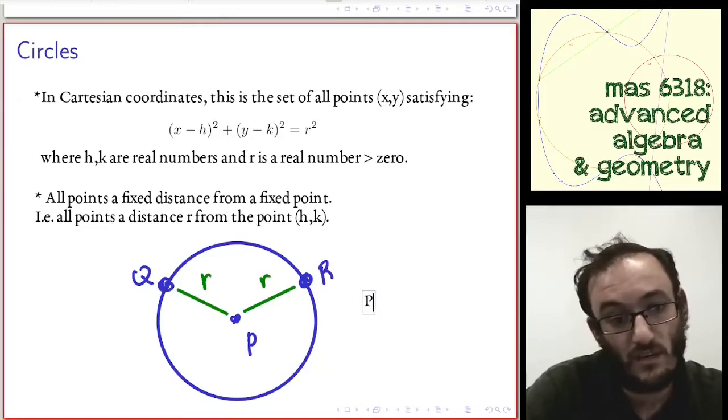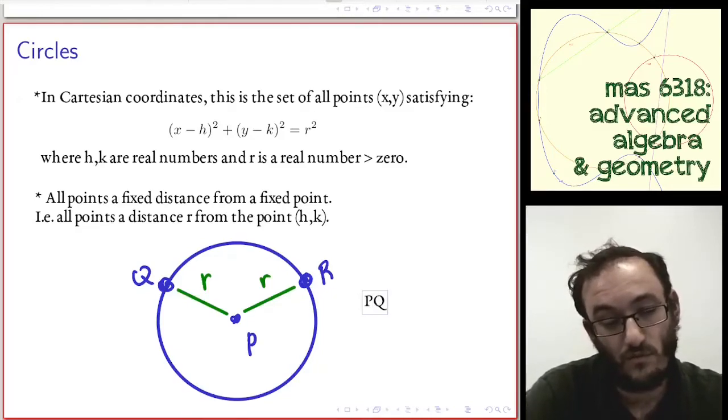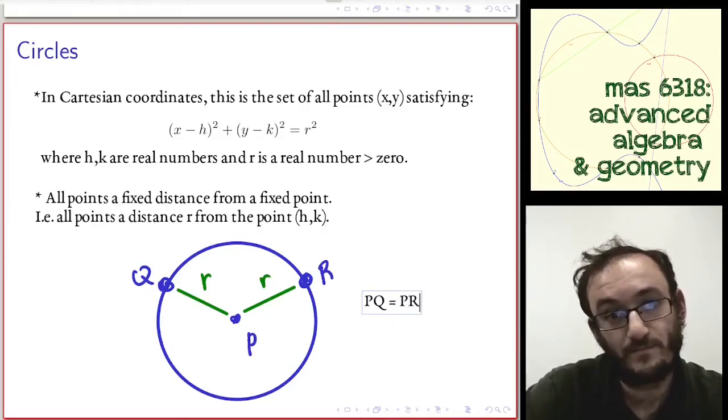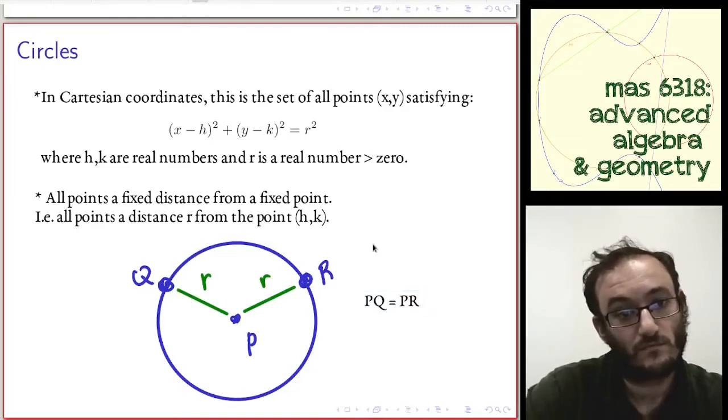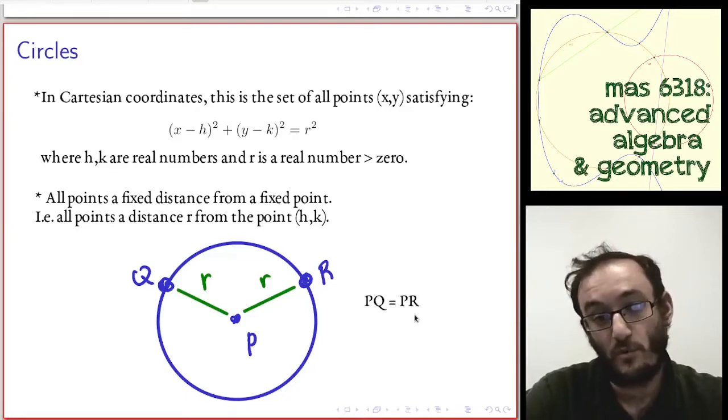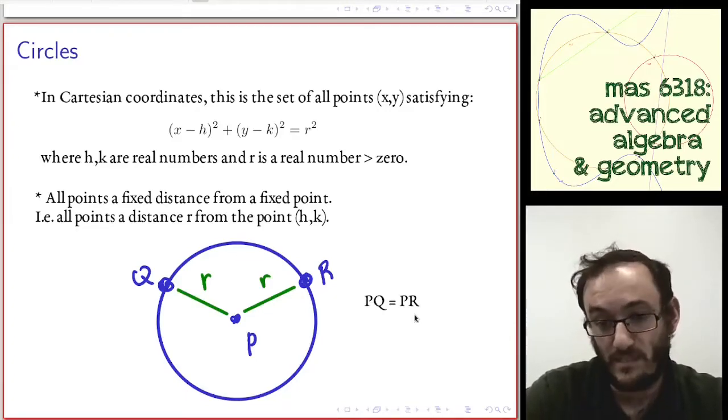So the length of PQ should be equal to the length of PR. Okay, and that defines a circle. It's all of the points like Q and R that would satisfy that equation.